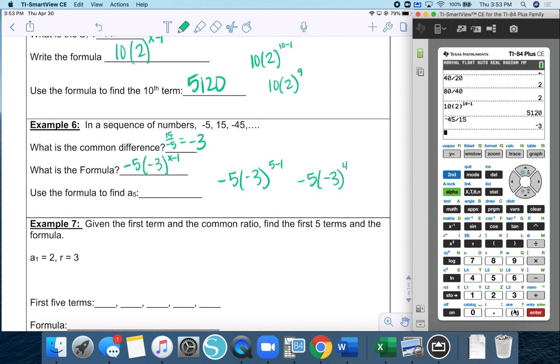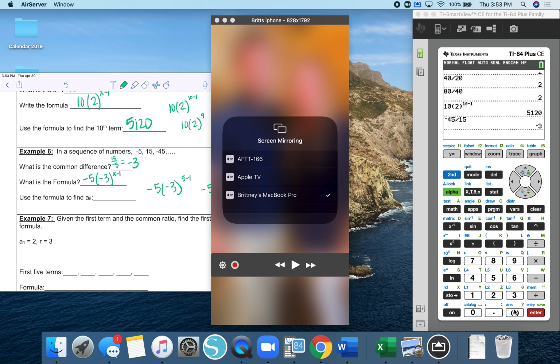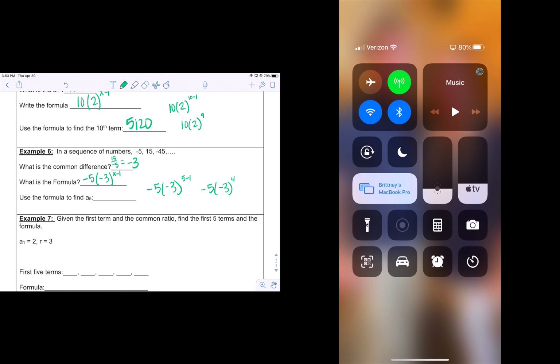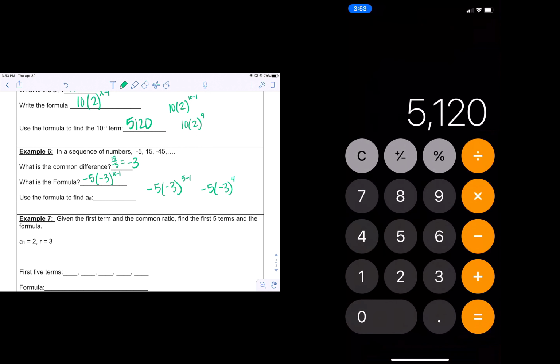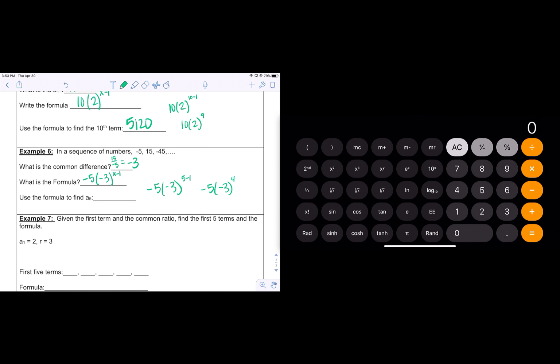So on my phone calculator, because I'm assuming you know how to put this in on a graphing calculator, I turn my phone sideways to get that extended menu. So negative 3 being raised to the 4 is 81 times negative 5 to get negative 405.